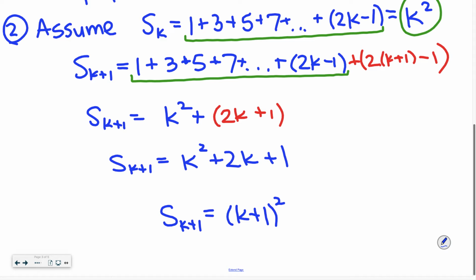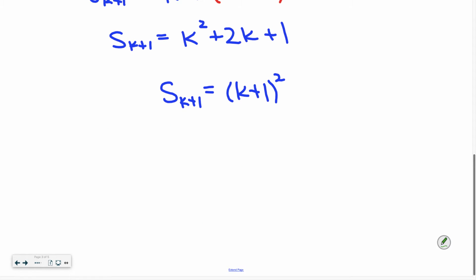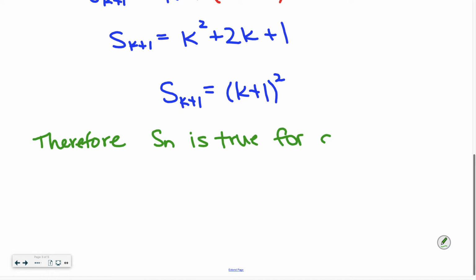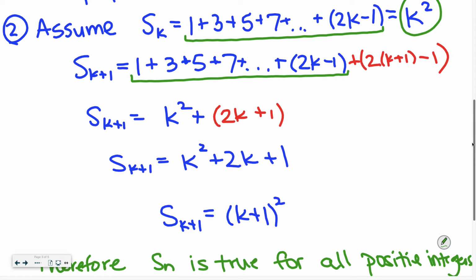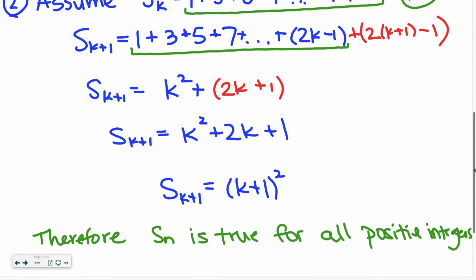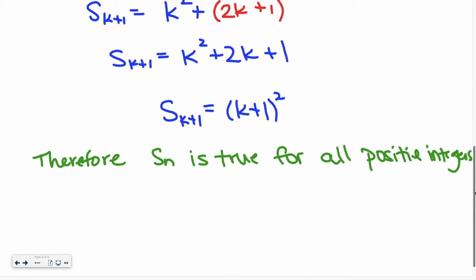And once we get there, we say, therefore, S of n is true for all positive integers. Give me a conclusion, like what did we just do? We just proved S of n is true for all positive integers.